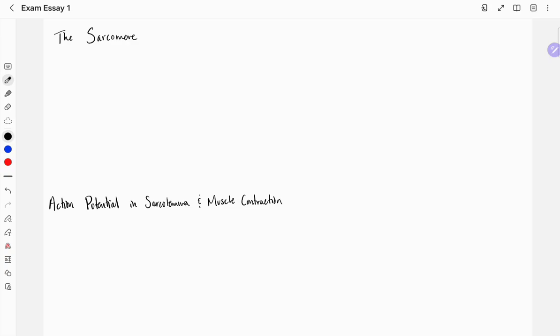I'm going to begin by talking about the sarcomere, which is the functional unit of muscle. It's the basic contractile unit of the muscle cell, and I'm going to draw here a Z disc.